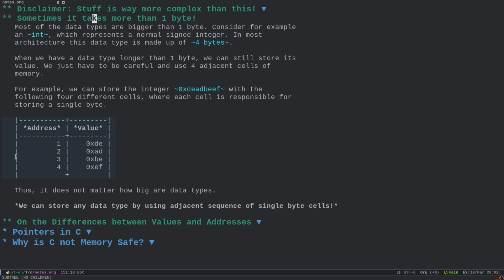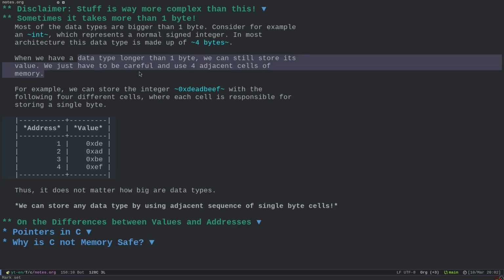However, let's say that we have an integer, an int. In this case, typically a signed integer requires 4 bytes of memory. So what's the catch here? What can we do if we want to store something that is bigger than 1 byte? When we have a data type that is longer than 1 byte, we can still store its value.